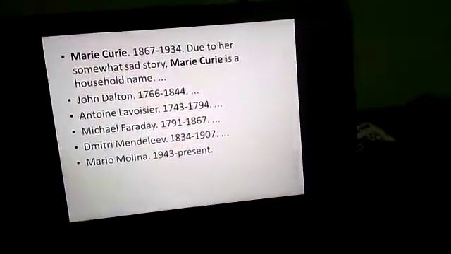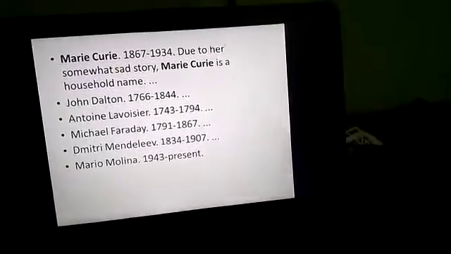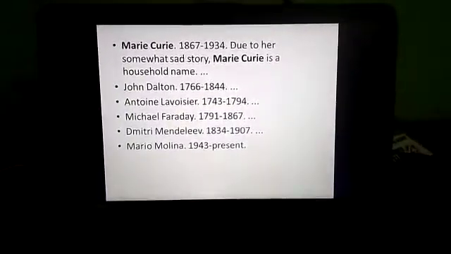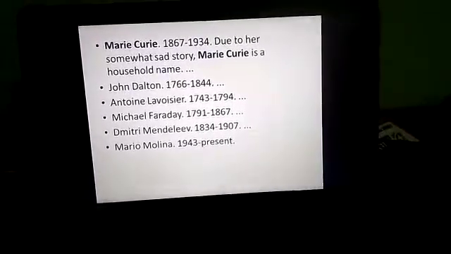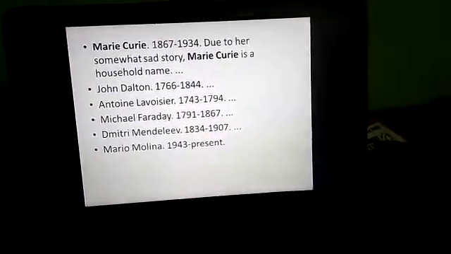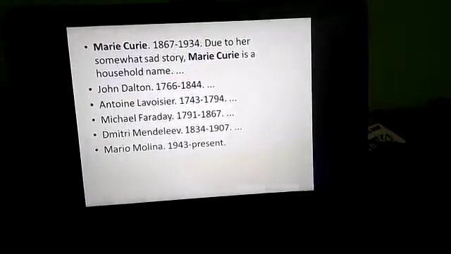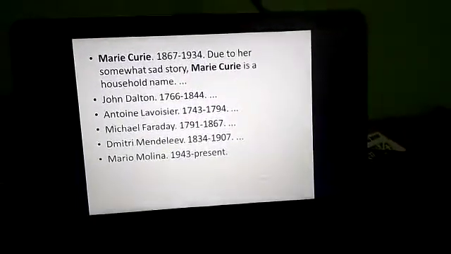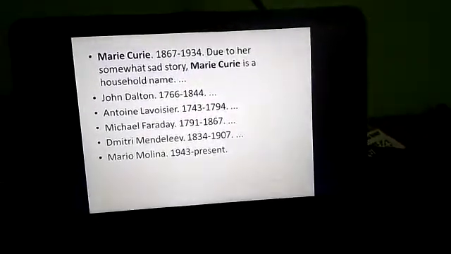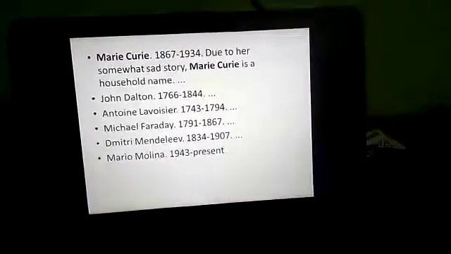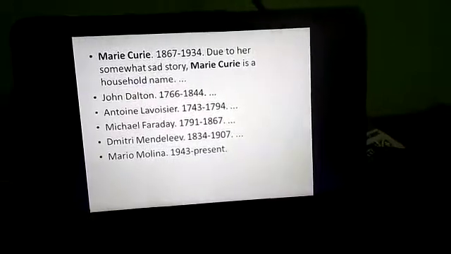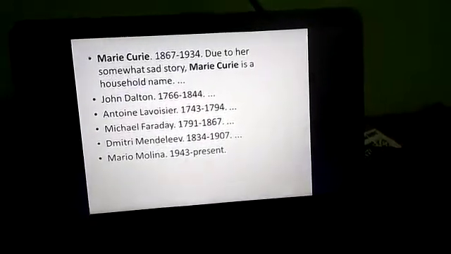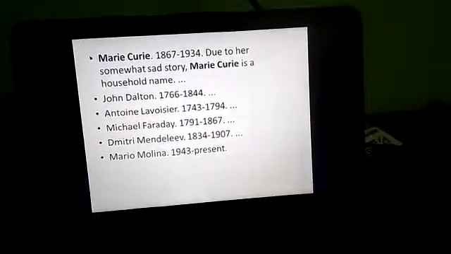Next, who are the chemists? The scientists in chemistry. Marie Curie, you know, the radium, this was the medicine invented by Marie Curie. So she is also known as the mother of chemistry, because she invented this radium which is used in the treatment of cancer.